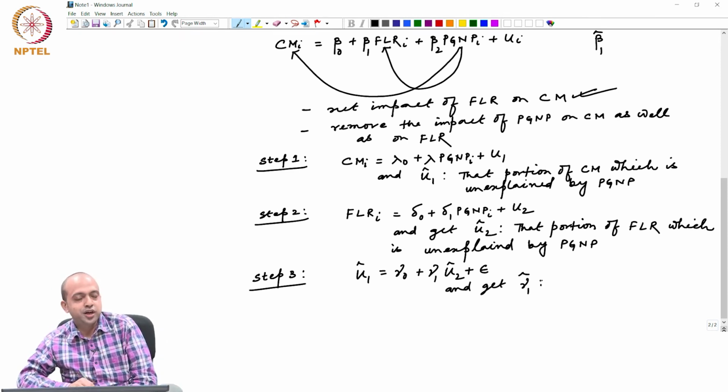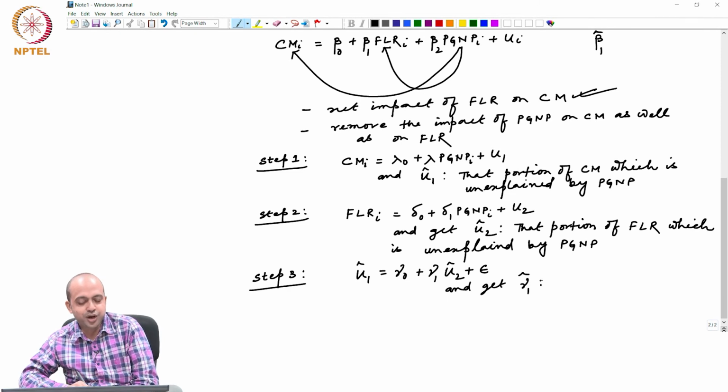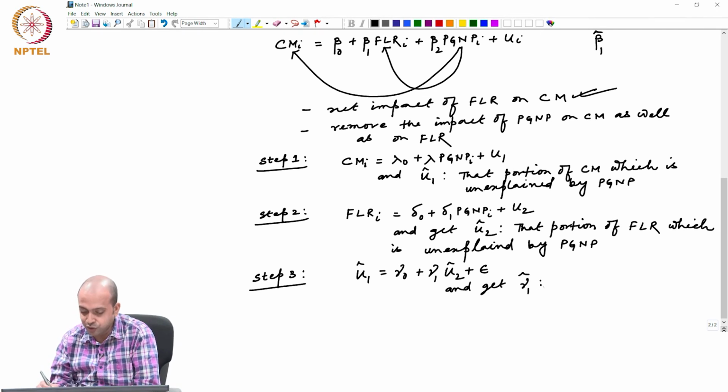Now, what would be the interpretation of this gamma 1 hat? Gamma 1 hat basically indicates for a unit change in U2 hat, on an average U1 hat changes by gamma 1 hat amount.